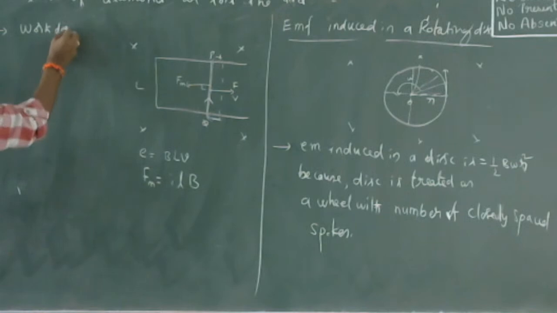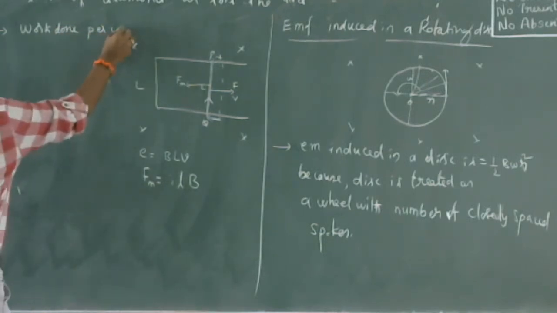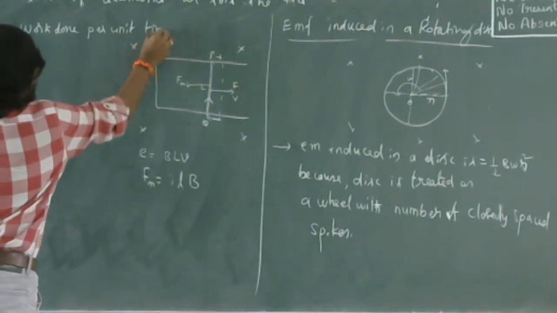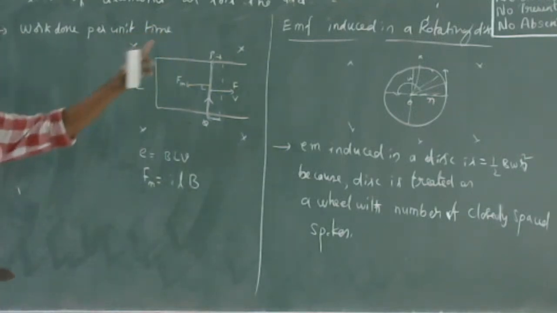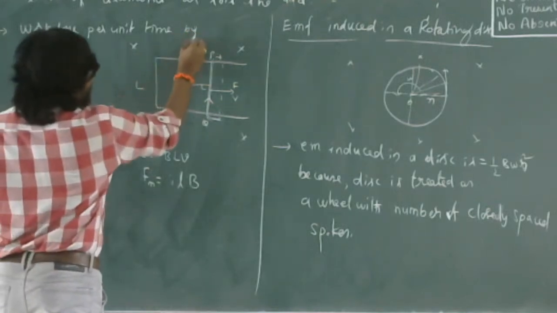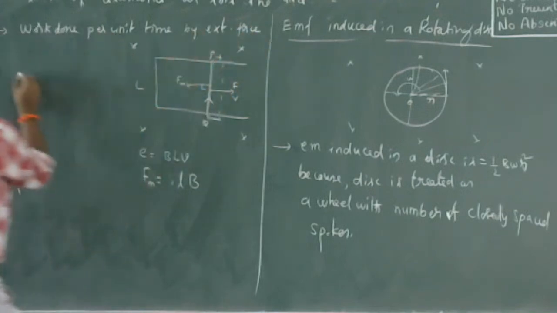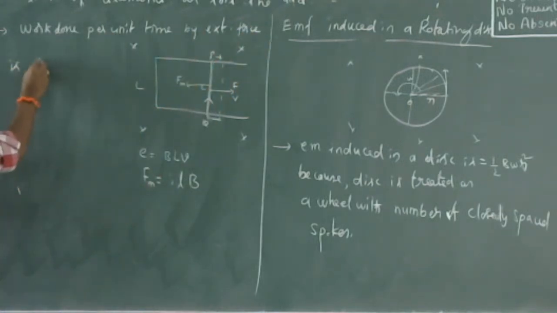Work done per unit time by the external force is given as power.